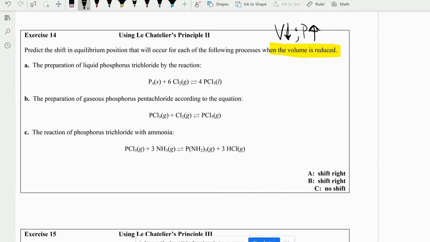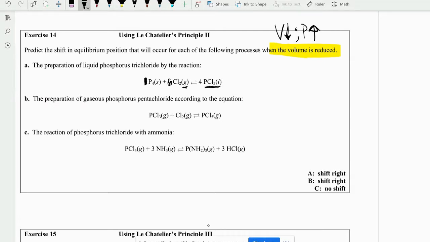I have A, B, C with 3 different reactions. In the back of my mind, I need to know how each reaction is going to be affected if I reduce the volume. A, the preparation of liquid phosphorus trichloride by the reaction. It's important to know what they're talking about when you read these problems.